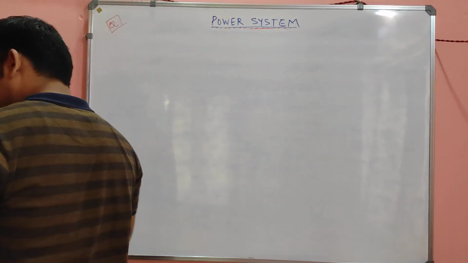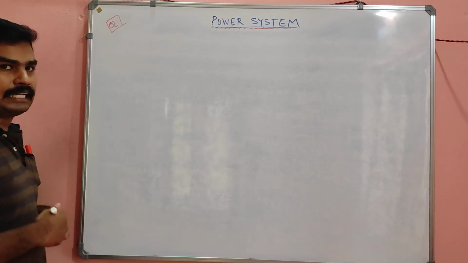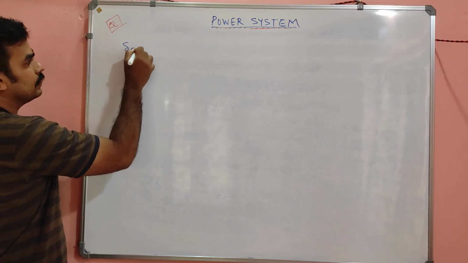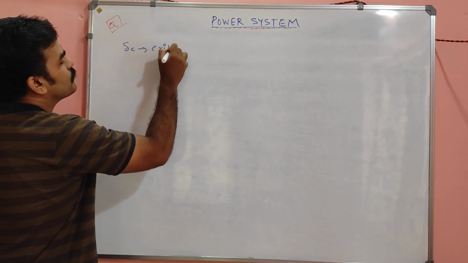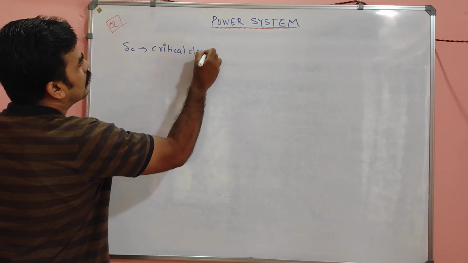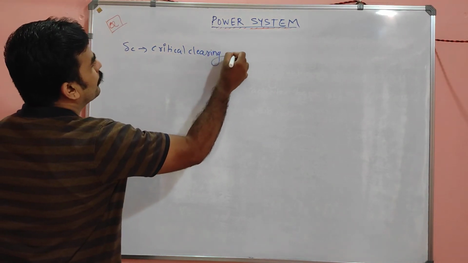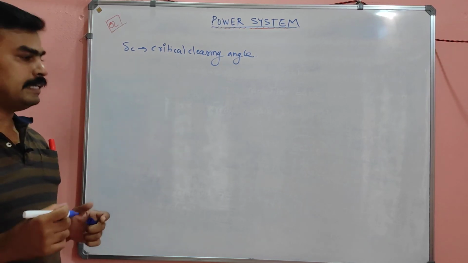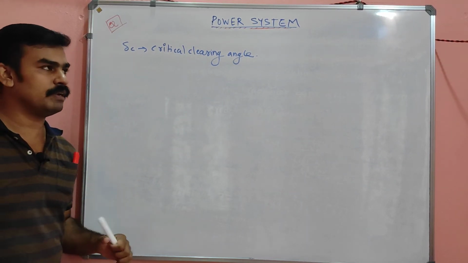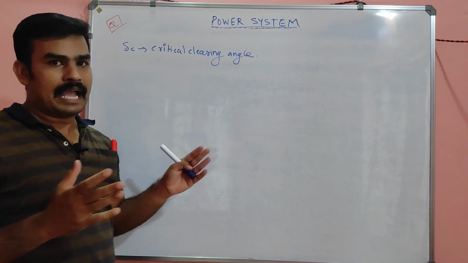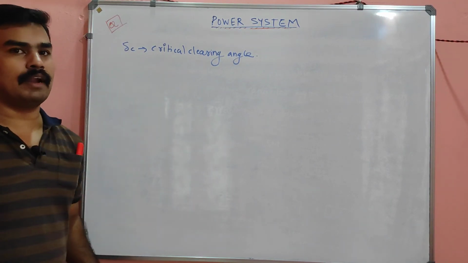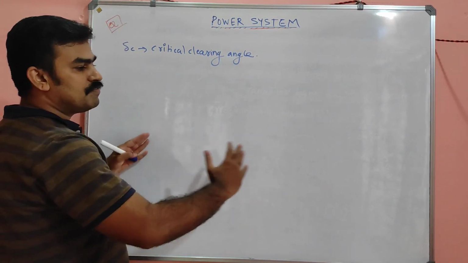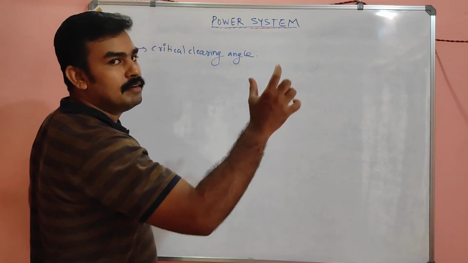I want to mention something. So critical clearing angle del C is nothing but, my dear, I already told you now, it is the maximal angle below which you should clear the fault. That means, suppose some fault occurs, the rotor angle will be increasing, right?